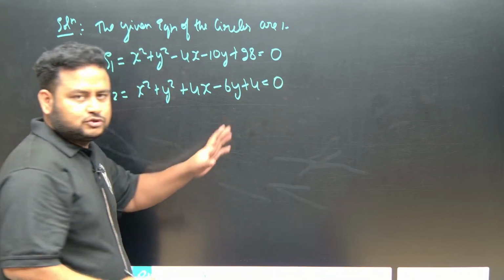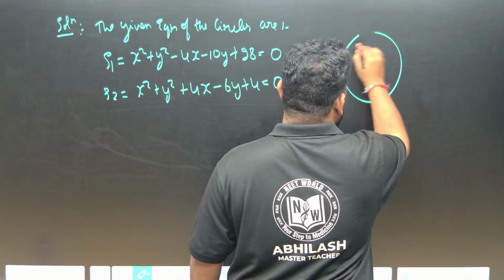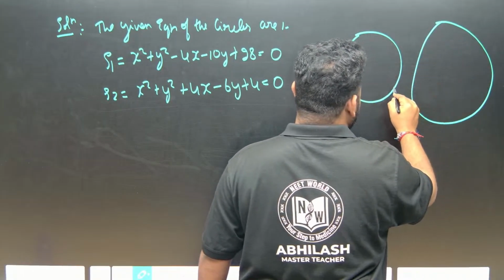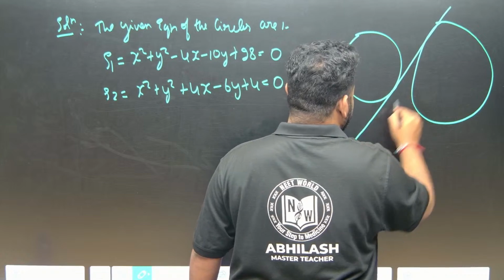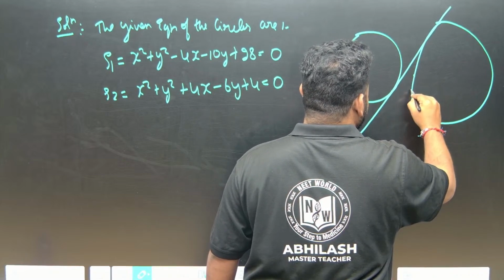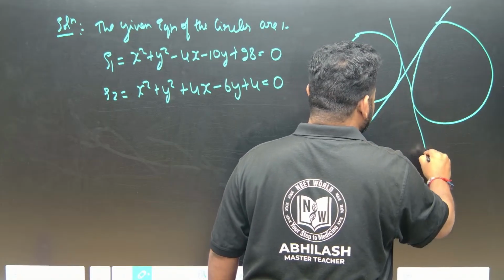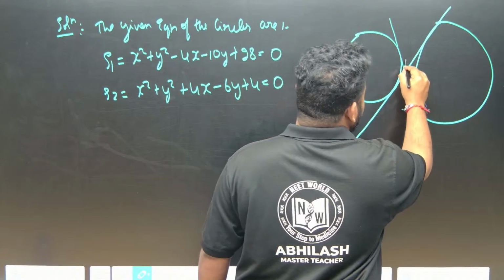First of all, we should know what a transverse tangent is. Suppose there are two circles. Definitely there should be two circles for having transverse tangents. There is a tangent from here touching one circle at exactly one point and touching the other circle at exactly one point, and another tangent here. The point of intersection of these two tangents is called the transversal point.